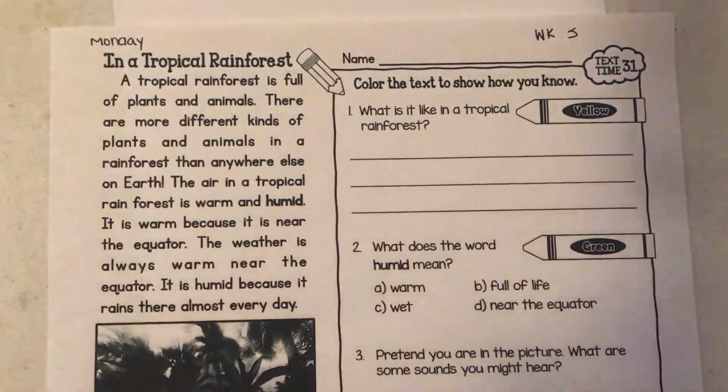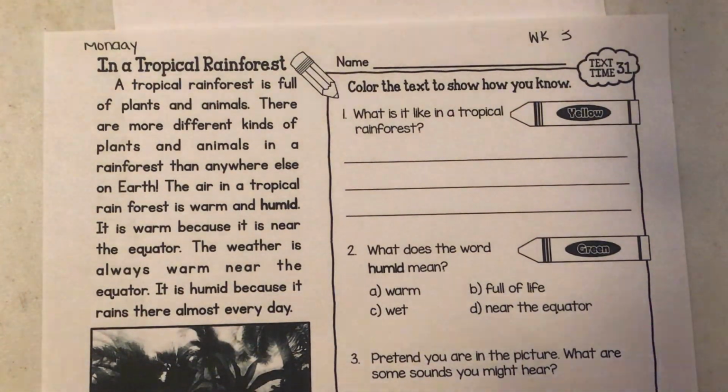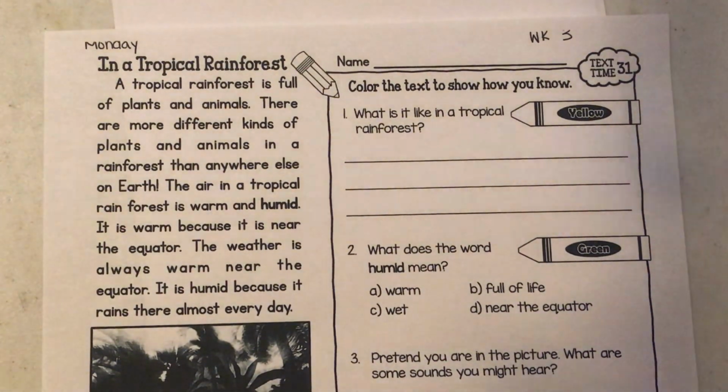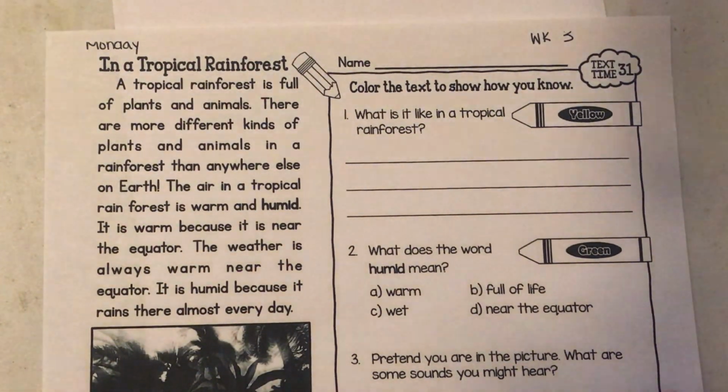I have to go back and reread to see, okay, what is it like? A tropical rainforest is full of plants and animals. There are more different kinds of plants and animals in a rainforest than anywhere else on Earth. The air in a tropical rainforest is warm and humid.